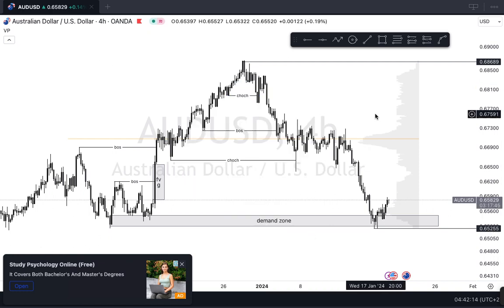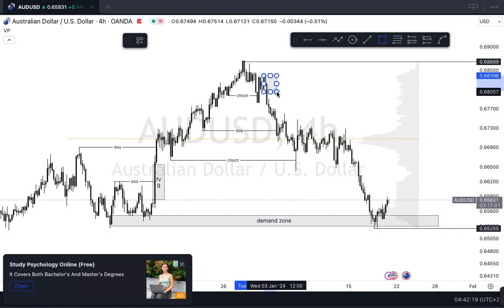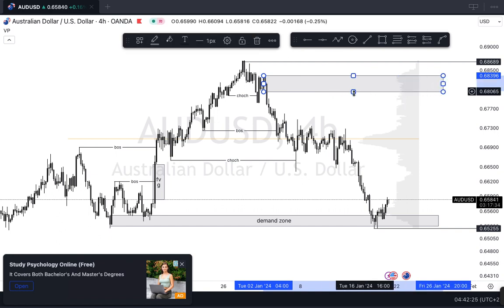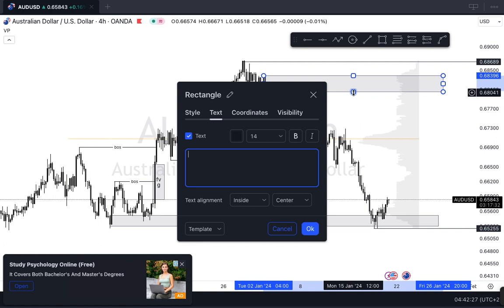And then from there, we have an overall supply zone here, an untested supply zone. As you can see, it's still fresh, it was never tested. That's our supply zone.